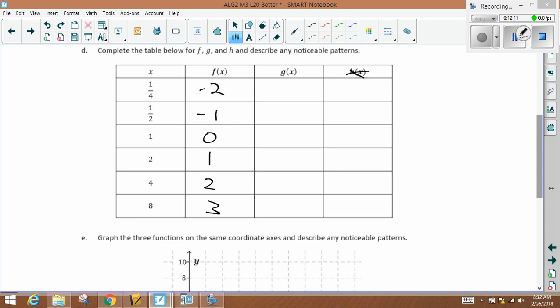What's going to happen? If we're adding 3 at the end, isn't that going to be the same as just adding 3 to each of our y values? I'm going to show you why that's true when we graph it in the next step.